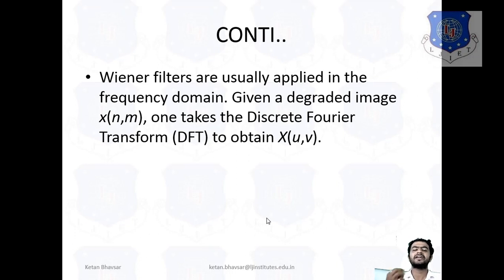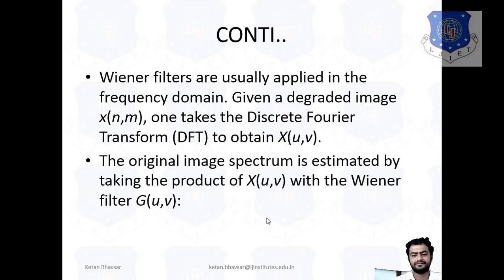Given a degraded image x of n comma m, after applying the DFT we get x of u comma v. So with the help of the transformation based concept we extract the meaningful content. To obtain the original image spectrum, we take the product of x of u comma v with the Wiener filter g of u comma v.